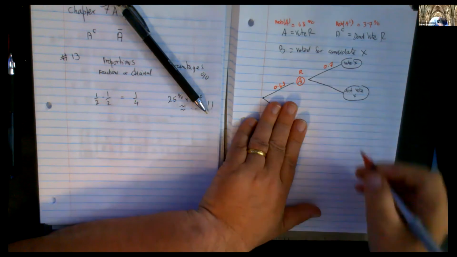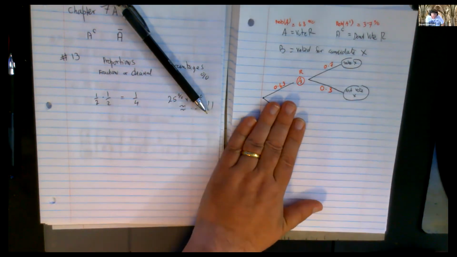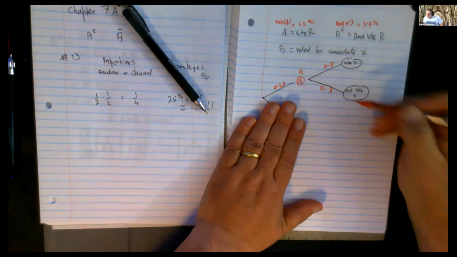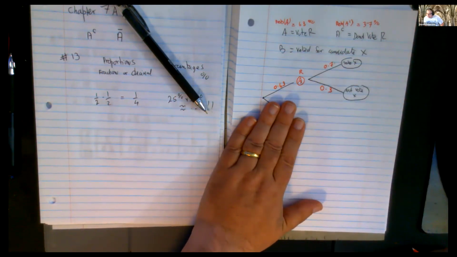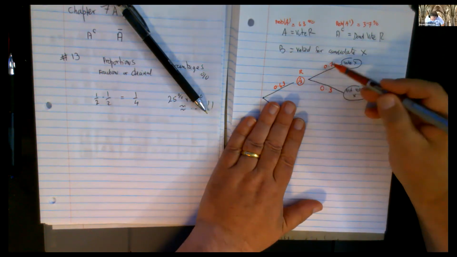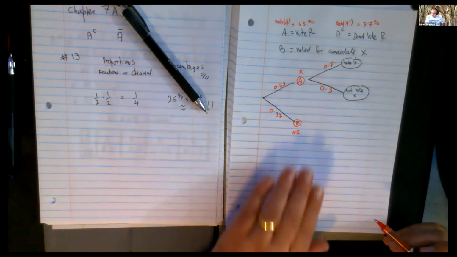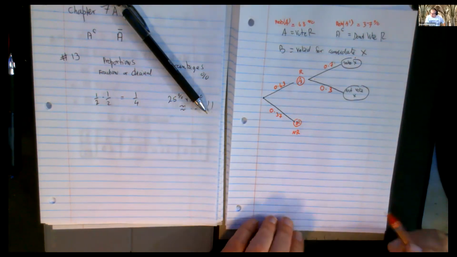And the ones that don't vote for him, the other 30% goes there. Do you see? You tell me the 70 and I get the 30 for free. So, of the Republicans, 70% voted for him, 30% did not vote for X. Are you okay with that step?